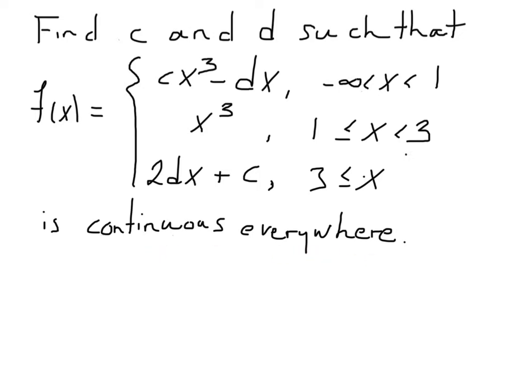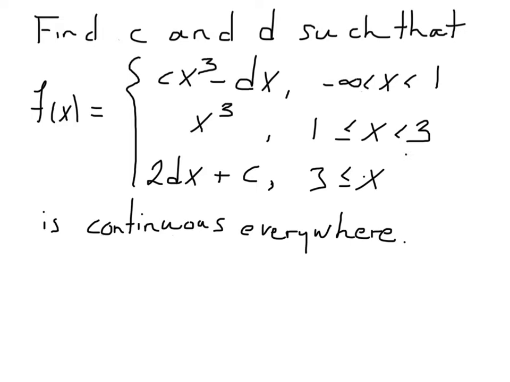All right, well, what we notice is that our recipe for the function changes on either side of the values 1 and 3. When x is strictly less than 1, f is described by a polynomial function.